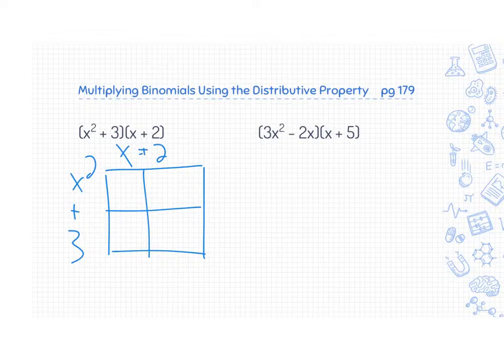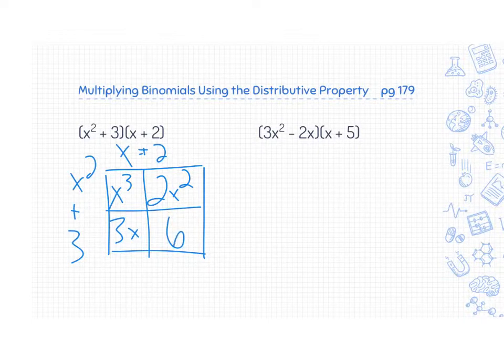So x squared times x is an x cubed in our top left. Then x squared times 2 is a 2x squared. 3 times x for our bottom left is 3x. And then 3 times 2 is 6.